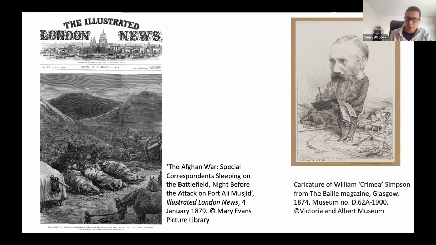He's showing himself, along with two other reporters, Phil Robinson of the Daily Telegraph and Archibald Forbes of the Daily News, all sleeping out in the open on the eve of a military assault. And so they're sort of exposed here to the same conditions as the soldiers whose bodies we can also see sleeping in the background of this image.